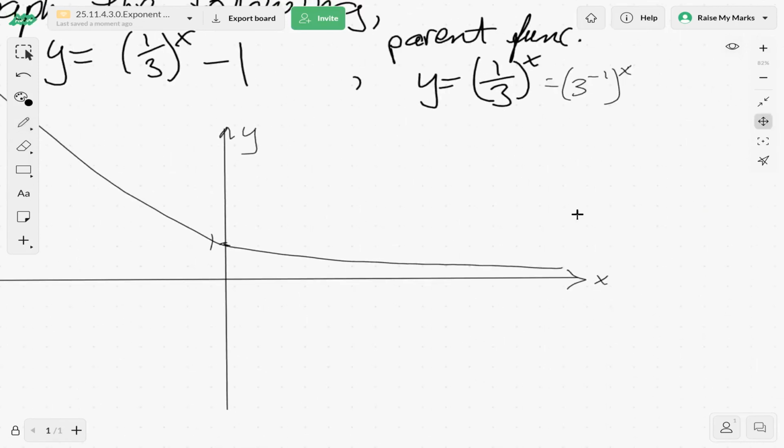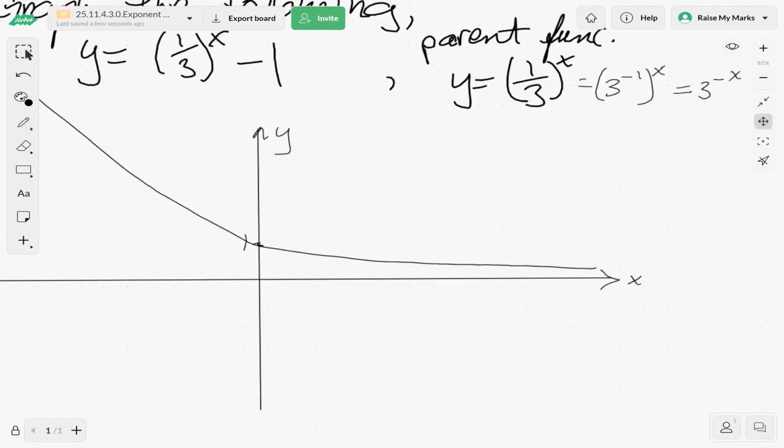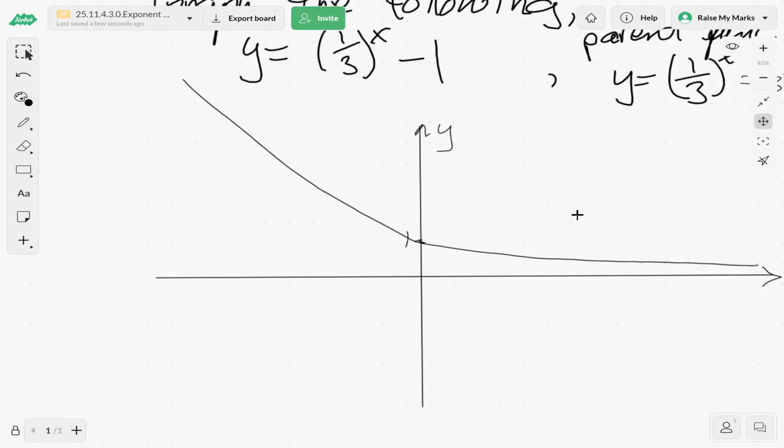So this is the same as 3 raised to the power negative x. As x gets larger negatively, we're actually raising 3 to a very large positive number. All right, so this is a graph of our parent or base function, y equals 1 over 3 raised to the power x.